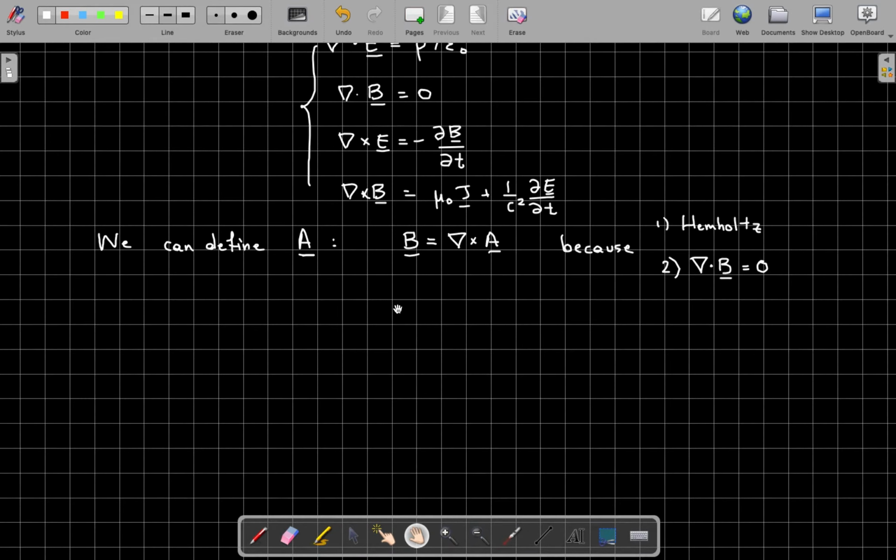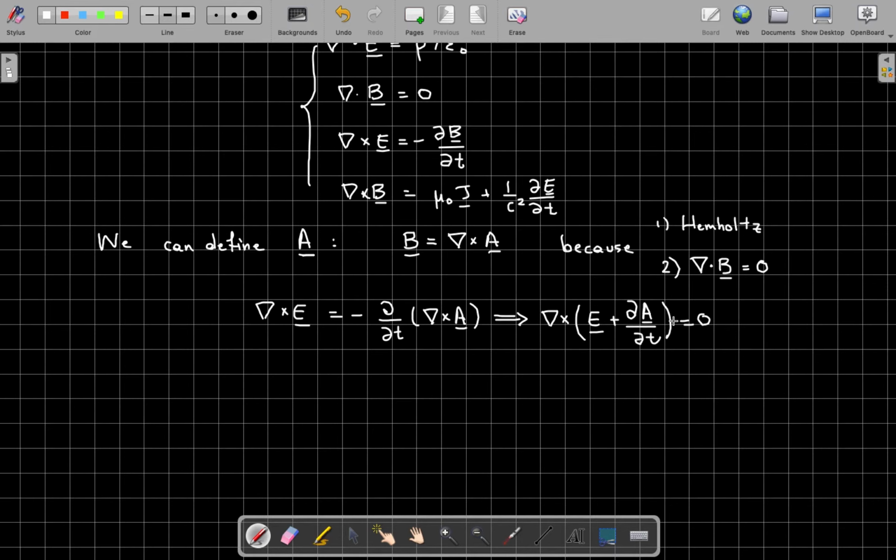What consequences are there on how we can define the electric field, right? You can see the consequences of this definition by using just Faraday's law. So if you look at Faraday's law, I get curl of E is equal to minus the derivative with respect to time of the curl of A. And if I move everything on one side, I get that the curl of E plus dA dt is 0.